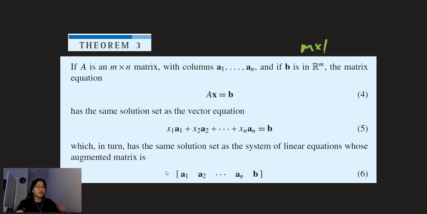That in turn has the same solution set as our system of linear equations with this augmented matrix, where we can forego our x's entirely because the locations in our augmented matrix show us what those weights are, what those x values are.